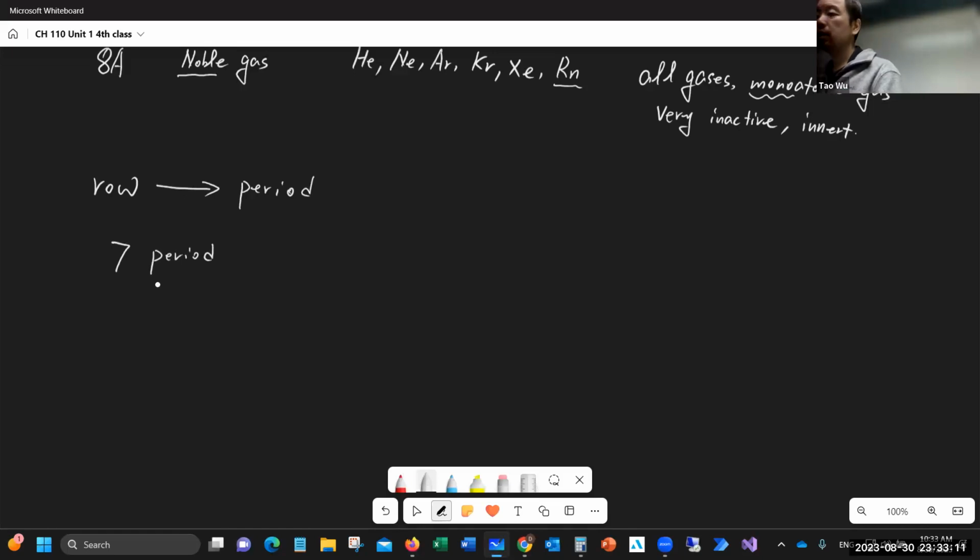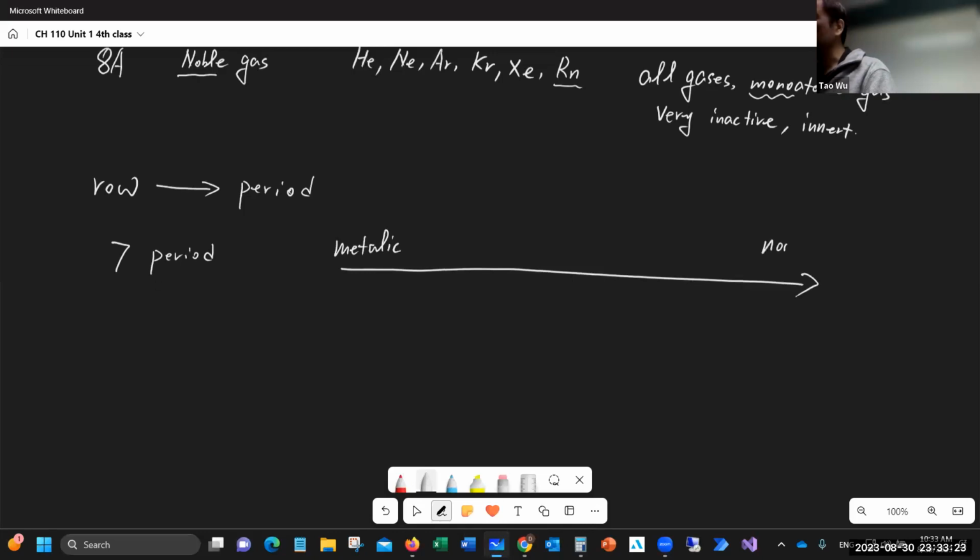If you look across a period, you will see the left side is more metallic and the right side is more non-metallic. Metallic means more like a metal, and non-metallic means more like a non-metal.